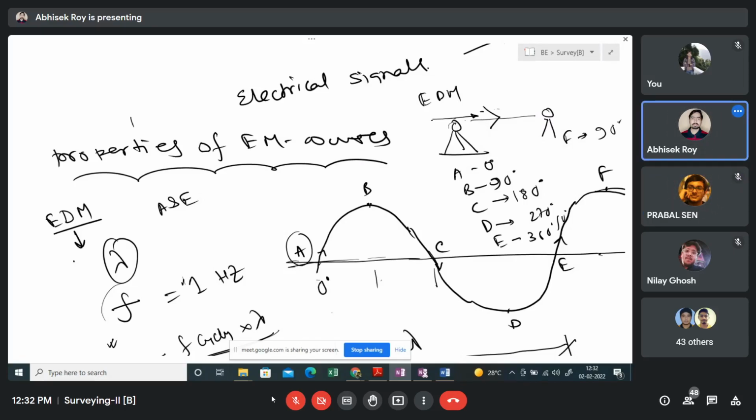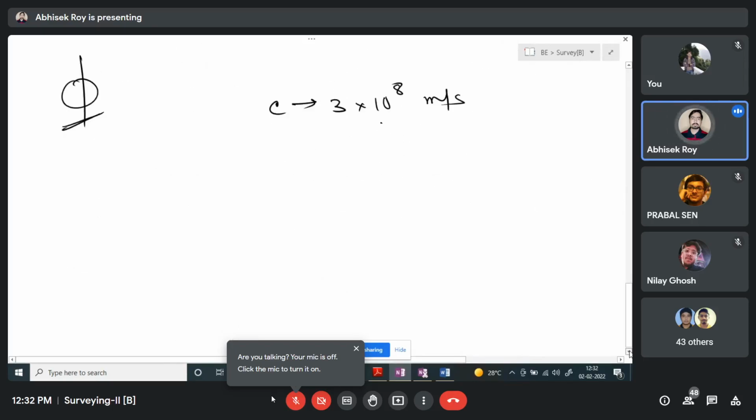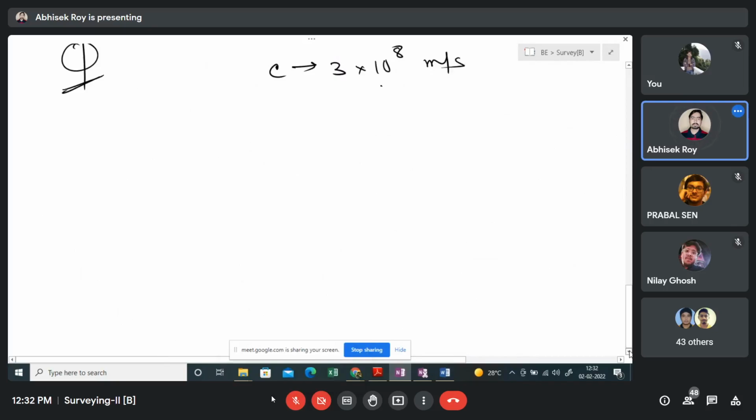Okay, so the electromagnetic wave is known by its wavelength or frequency, because if the frequency or wavelength varies, we know that a different kind of electromagnetic wave will be there.